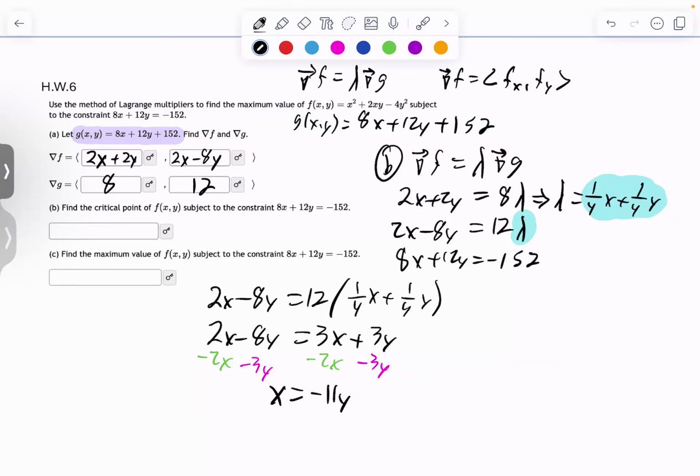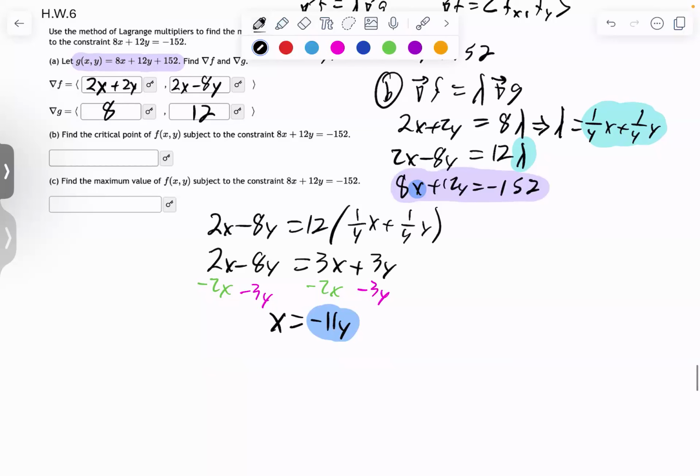So let's take our 8x. This is my constraint. And I'm now going to plug in for x. So 8 times negative 11y plus 12y is negative 152.